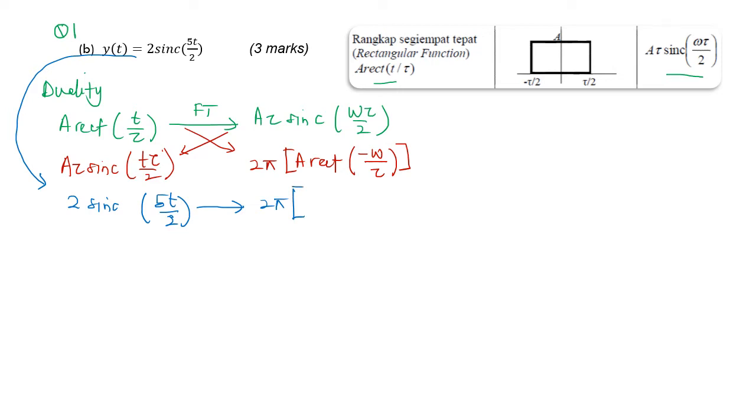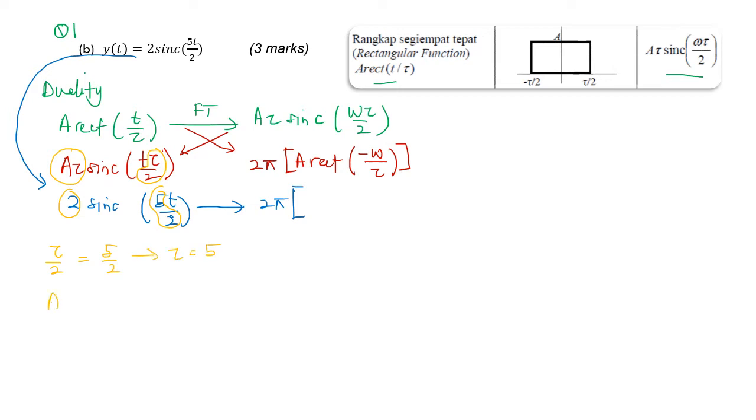So in this case, if you take note that A tau equal to 2 and tau over 2 equal to 5 over 2. Okay, so tau over 2 equal to 5 over 2. So your tau equal to 5.